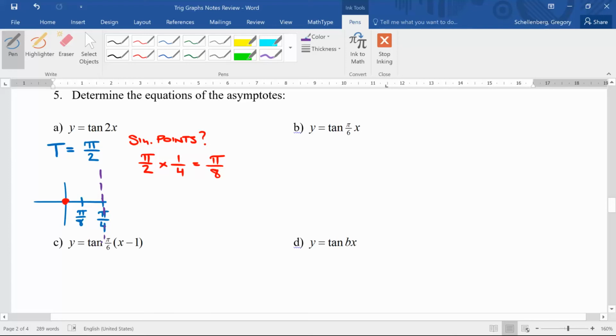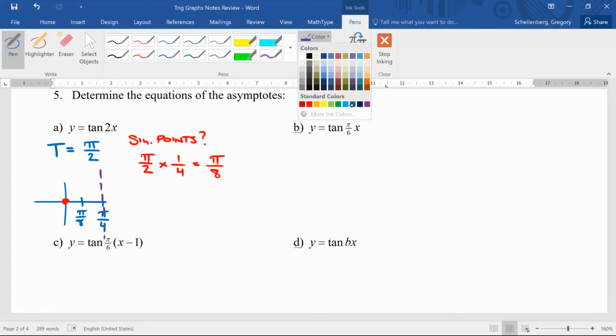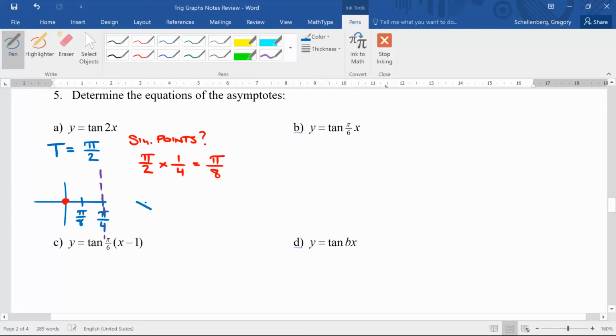Okay, so determine the equations of those asymptotes. We're going to say that x is equal to pi over 4, and then we need to add integer multiples of the period. Okay, the period is pi over 2, so we'll say pi over 4 plus n pi over 2, where n is an integer.